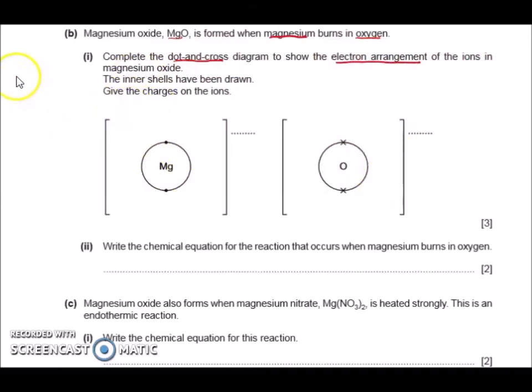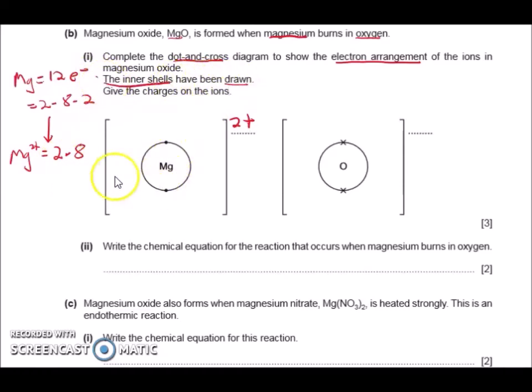So here magnesium has 12 electrons, which means it has 2.8.2, and it will donate these 2 electrons and become 2 positive. Okay, when magnesium changes to an ion, it only has 10 electrons, which is 2.8. And as you can see here, the inner shell has already been drawn. They have already drawn the 2, so we just have to add another line over here.